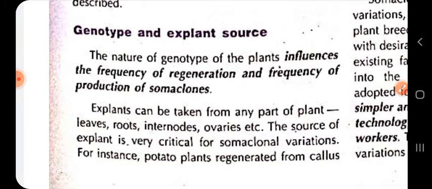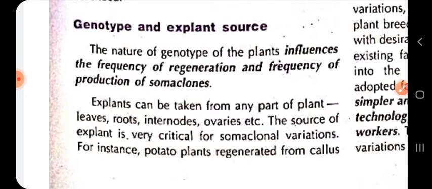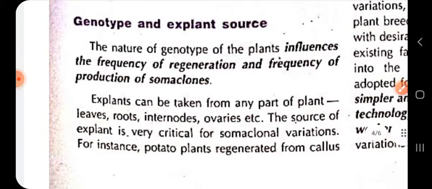Explants taken from any part of the plant, like leaf, root, internodes, ovaries; the source of explant is very critical for somaclonal variation, whether we are using a meristematic source or non-meristematic source. As I have said, meristematic explants which are derived from shoot apex or axillary bud have a lesser degree of genetic variability compared to non-meristematic explants, because cells of meristematic explants divide by normal mitosis and are maintained at the diploid level.